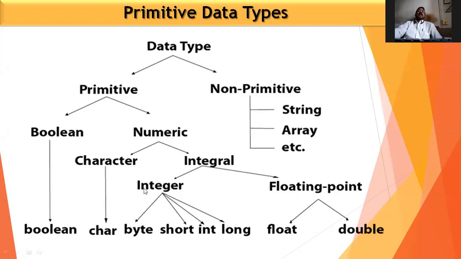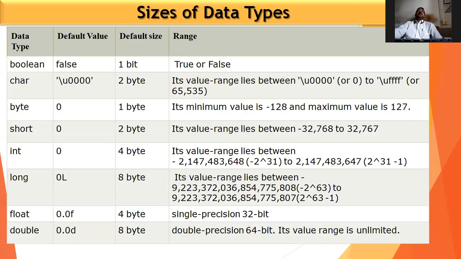Integer takes the different parts: byte, short, integer, and long. And floating point gives float and double as two different types. So this is the tree structure diagram of our primitive and non-primitive data types. Let us see the data types in more detail.